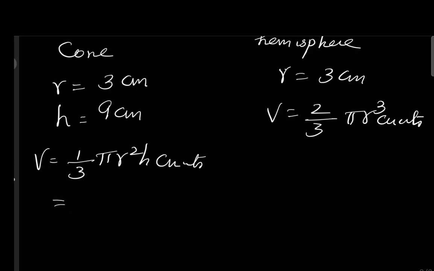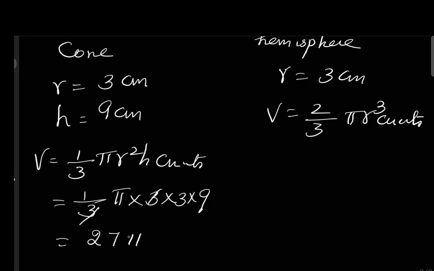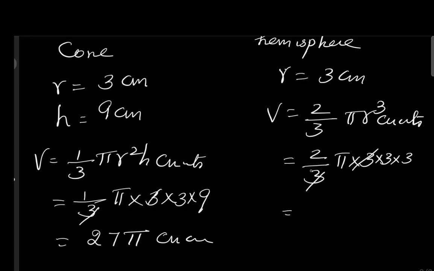So 1 by 3 pi, r is 3, into 9. 3 cancel. 9 3s are 27 pi cubic centimeter. Here 2 by 3 pi, 3 into 3. 3 cancel. 3 3s are 9. 9 2s are 18 pi cubic centimeter.